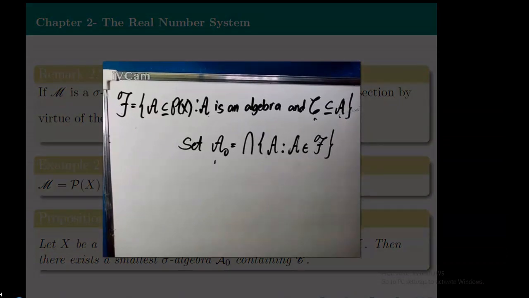And this A sub 0 here is the smallest sigma algebra containing this collection of subsets of X.